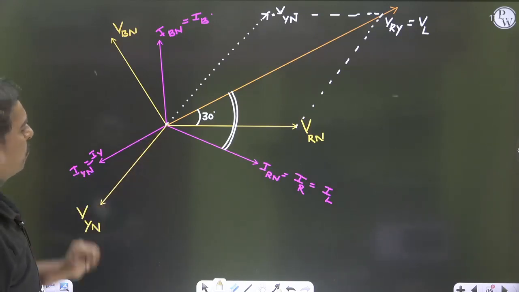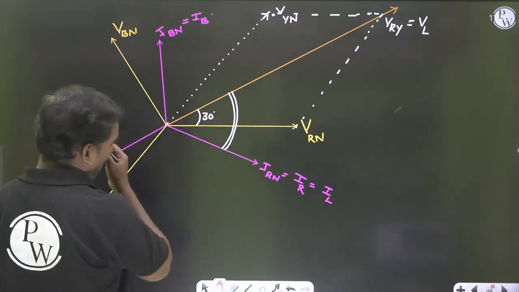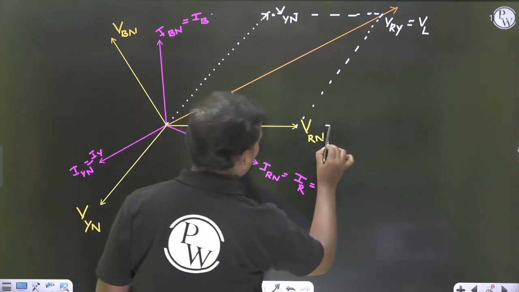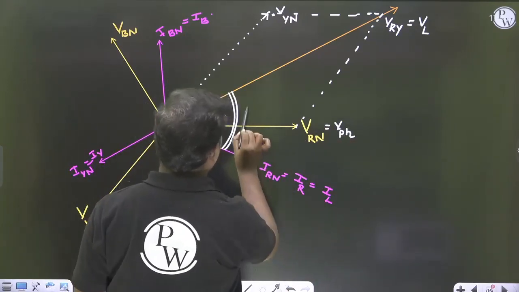This first one. So if you take this as the phase angle, we got this phi 1.